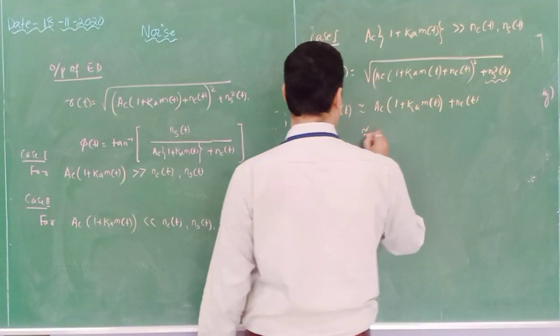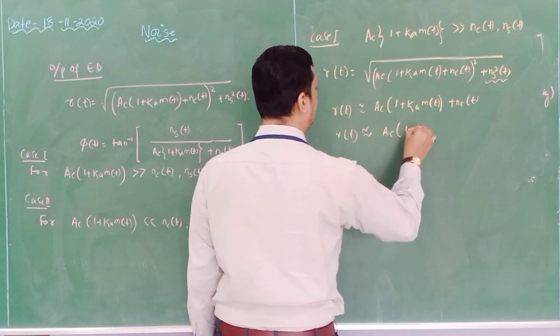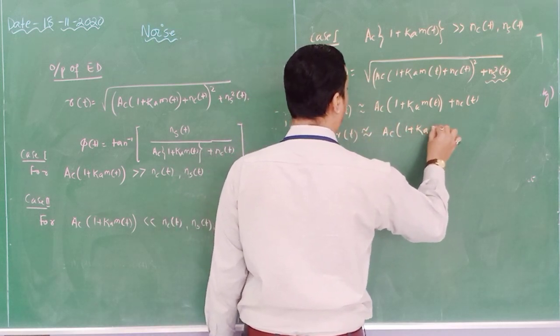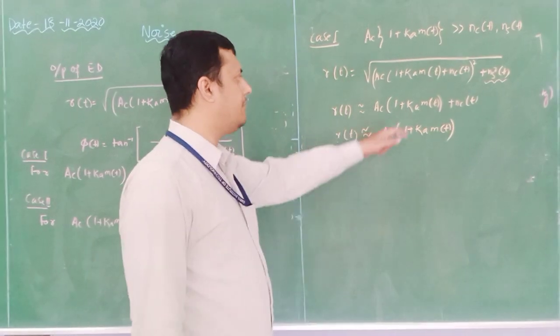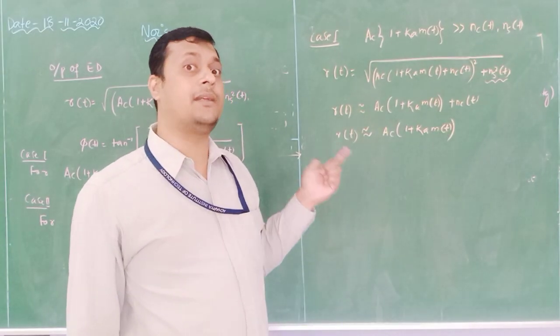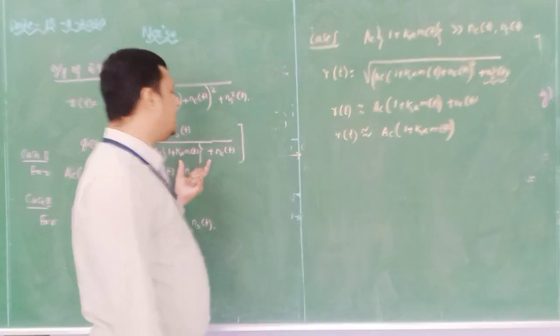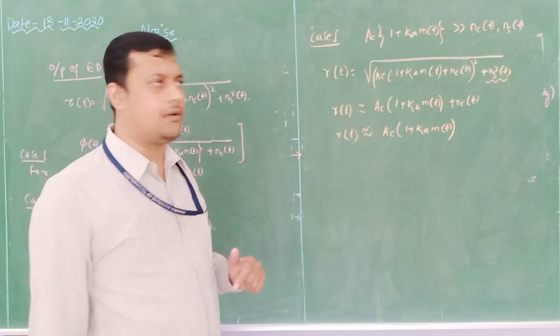That means again I can write Ac(1 + Ka m(t)), after minimizing the effect of this noise. Next, you need to suppress the DC component, because in envelope detection or any sort of detection, your DC component must be suppressed.